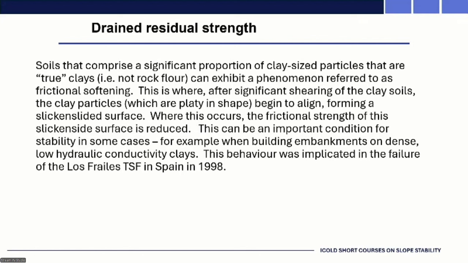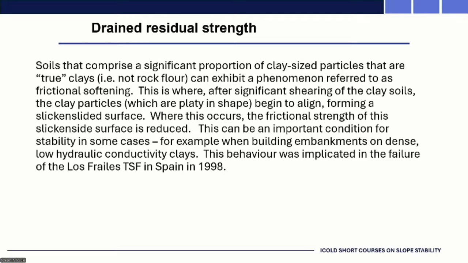Under large strains, that material can undergo what's called frictional softening. This is where you get particles aligning in the direction of shearing, particularly if they're platy in shape, and then the strength can keep going down.